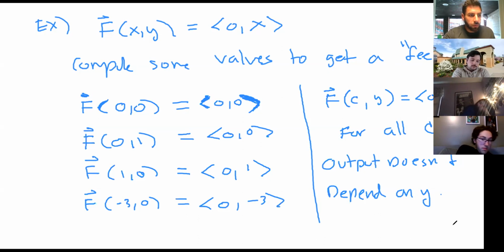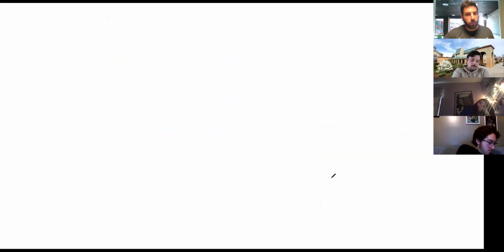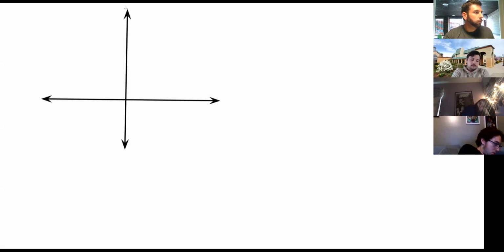So if we wanted to visualize this, we can draw an xy axis. And at every given point, let's plot a couple of these. We could think of this as 1, 0, and this is -1, 0. What are some of the points we evaluated?